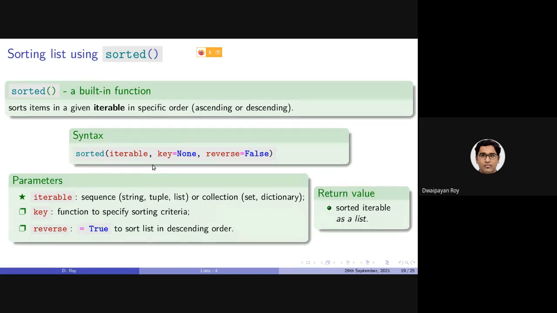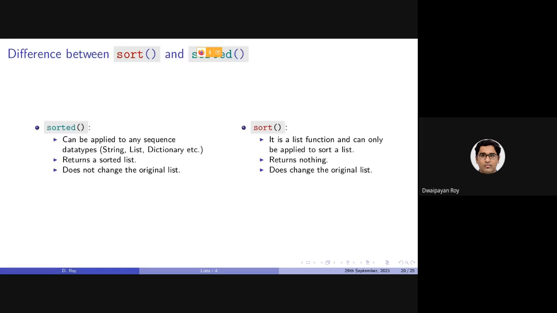Now, of course, you might be wondering, what is the difference between sort and sorted? To give you just a brief, sorted can be applied to any sequence data types or collection data types like strings, list, dictionary, sets, tuples. But sort is basically a list function. That is why it can only be applied to sort a list.